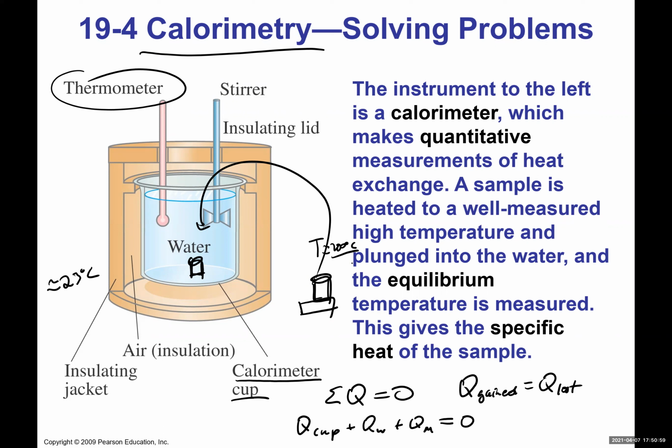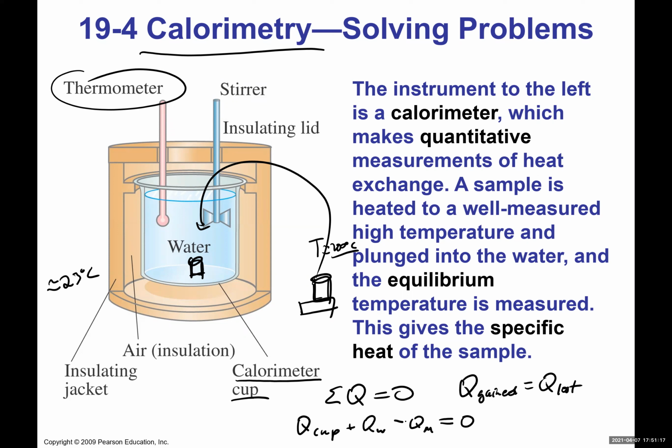The water and the cup will gain energy because they are in contact with a hotter object. That means Q metal will be negative, and the other two will be positive.